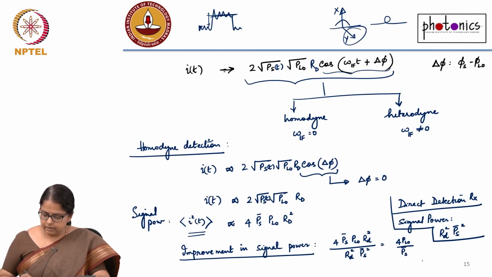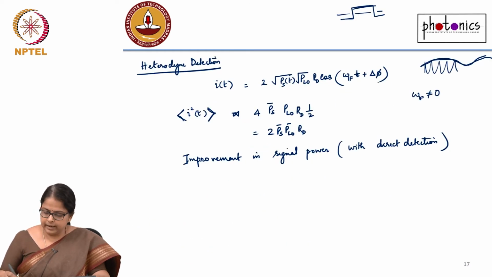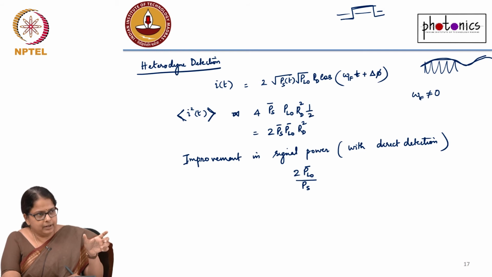Earlier we got 4 PS PLO RD square. Now you will get, of course there is RD square because you are taking a power, right. So here you will have 2 PS PLO RD square. So earlier we got a benefit of 4 PLO divided by PS. Here it is going to be only... So this is the trade-off.